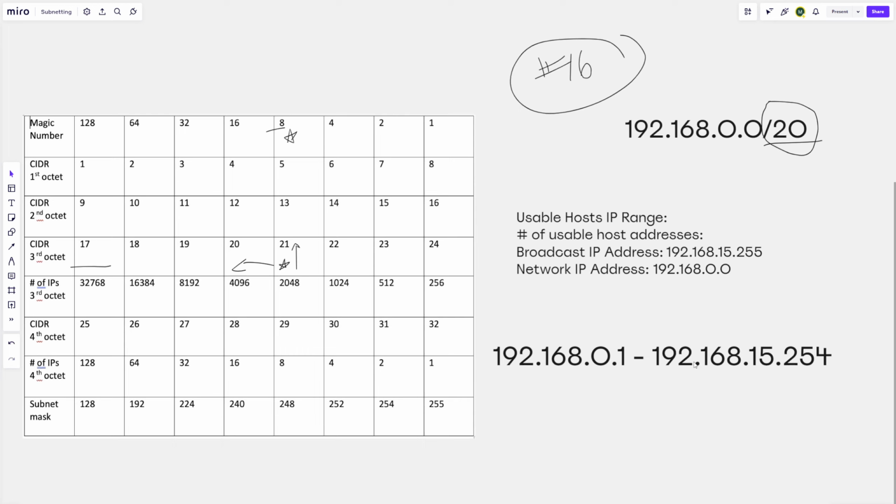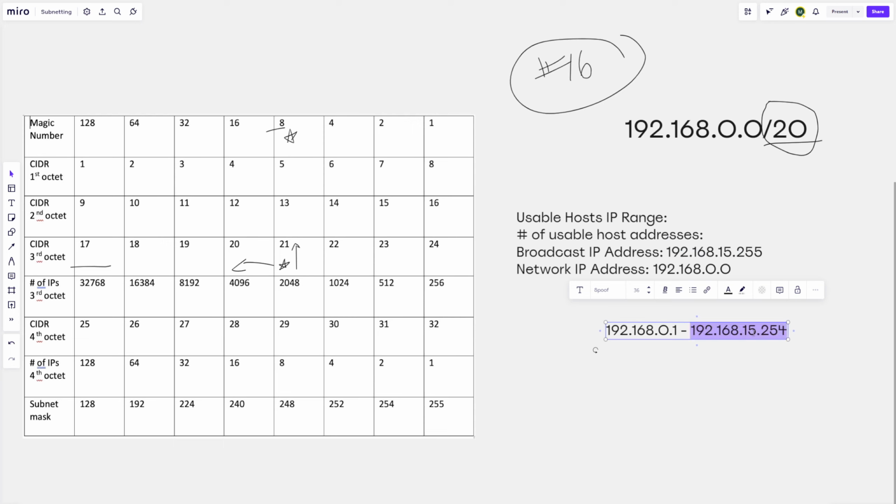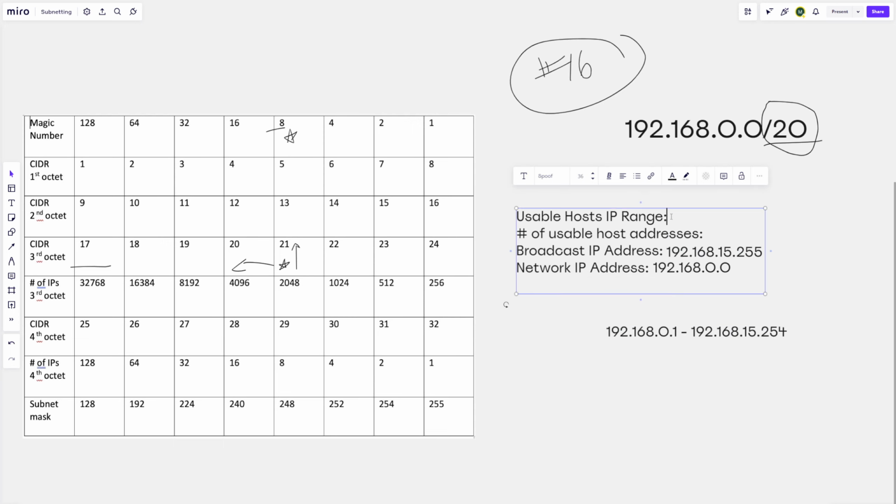And I subtracted 1 from my broadcast address right here, making it 192.168.15.254. What this resembles is the range of the usable host IP addresses.